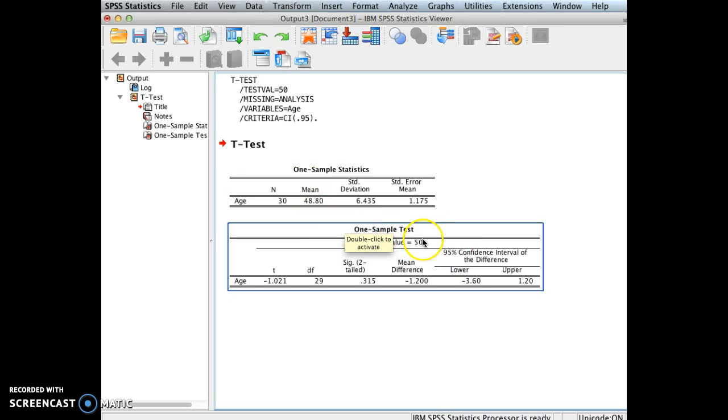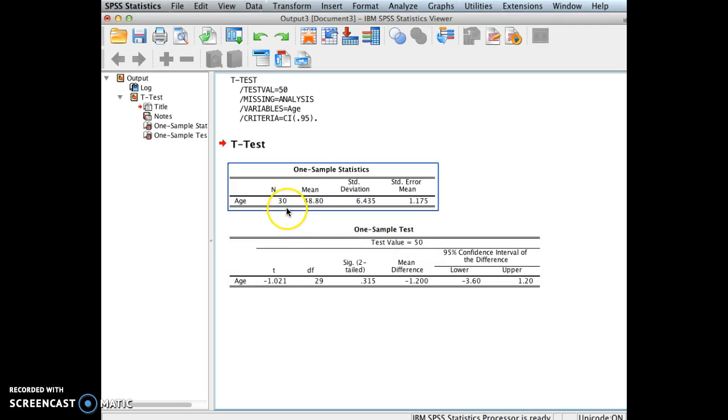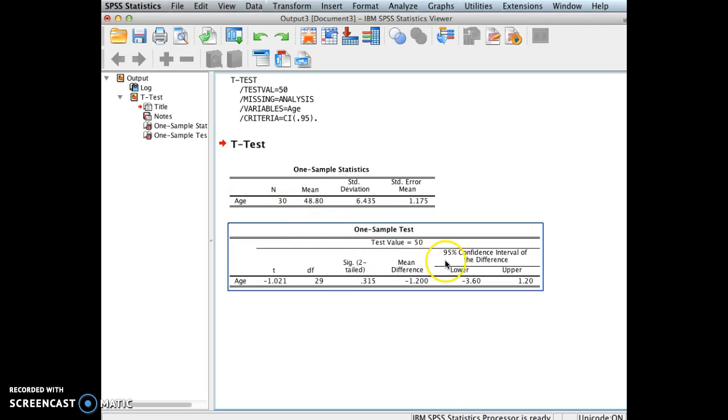If we take repeated samples of this size, we would expect 95% of the mean differences to range between these two values. This 95% confidence interval contains 0, and that also means our sample mean does not differ significantly from the population mean, which means our sample is representative of the superintendent population.